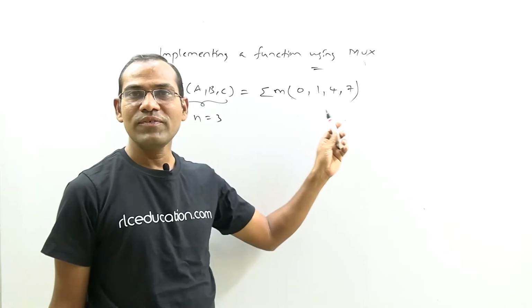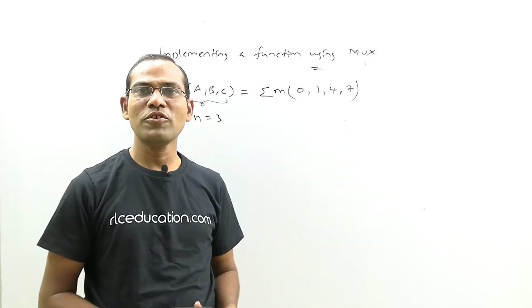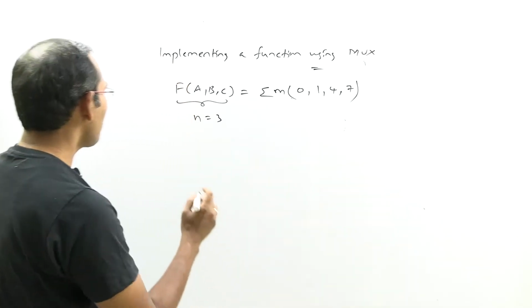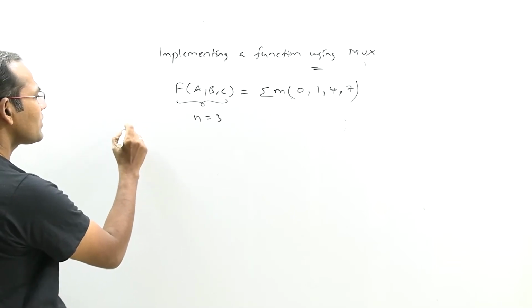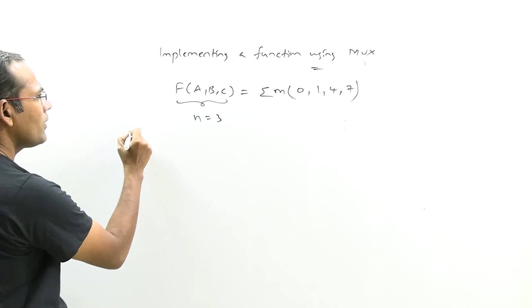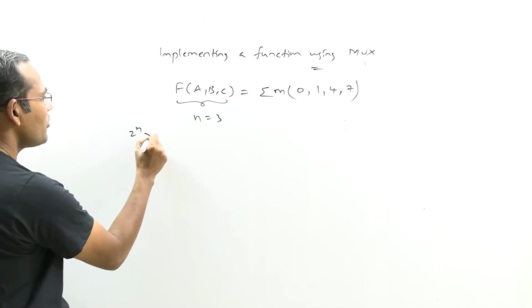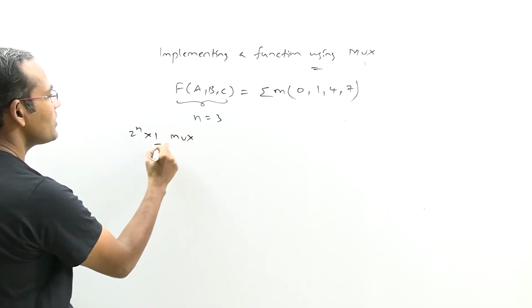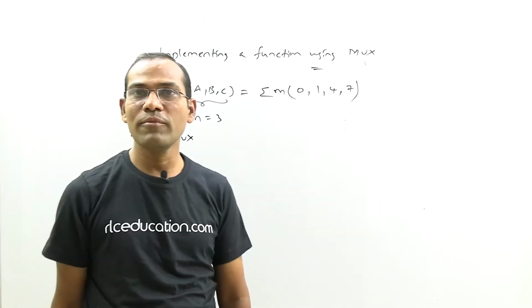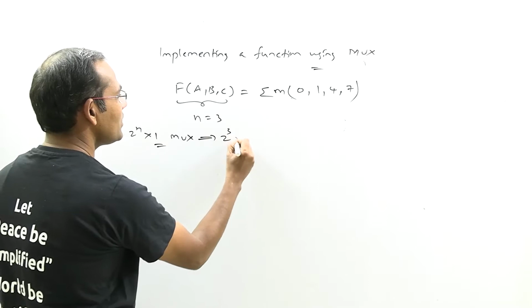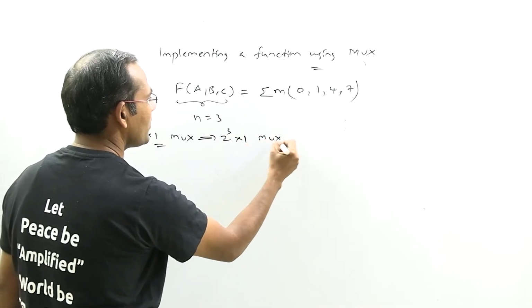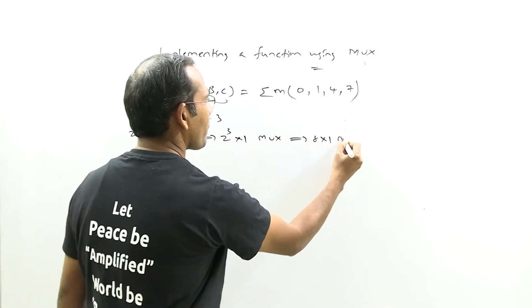Now I will implement this one by using different approaches. Let us take a 2 power n by 1 mux. I want to implement this one by using a 2 power n by 1 mux. Here n is 3, that's why 2 power 3 by 1 mux. That means 8 by 1 mux.